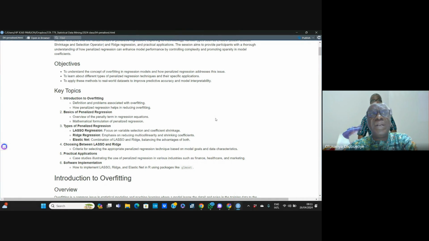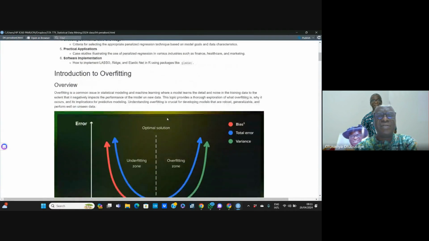So it allows you to do away with redundant variables in your model. This technique is widely used when you have high dimensional data sets. So we'll still talk more about that.